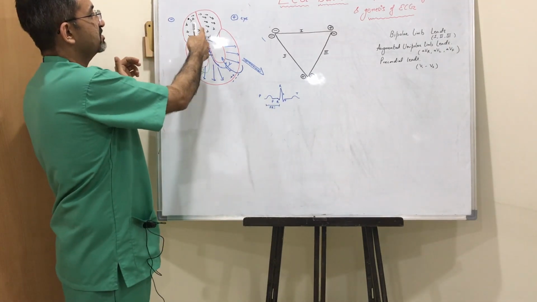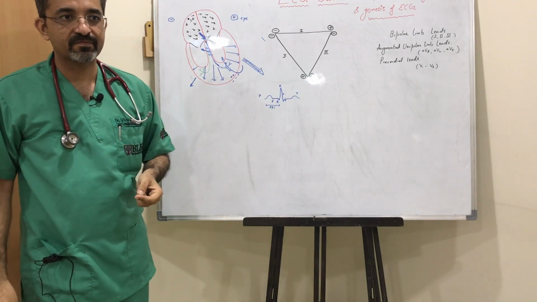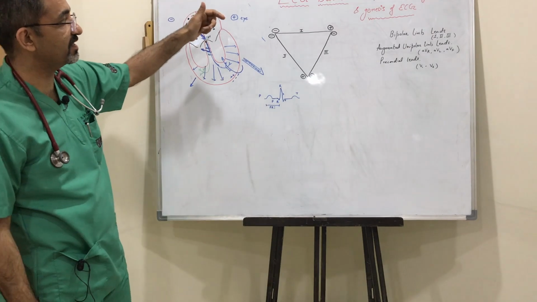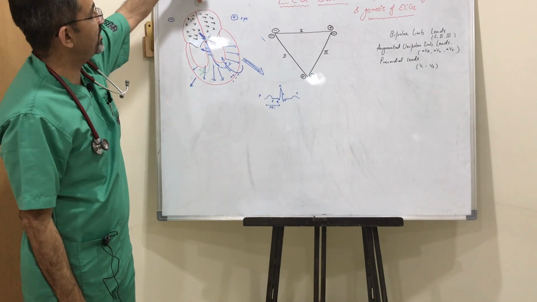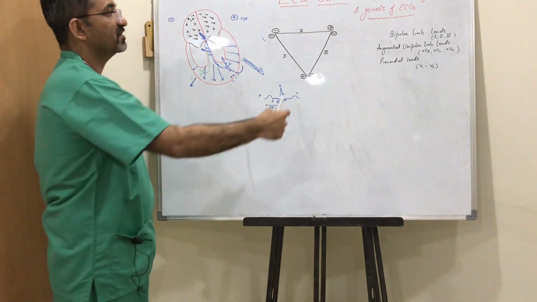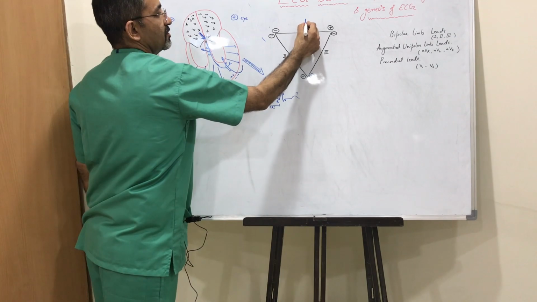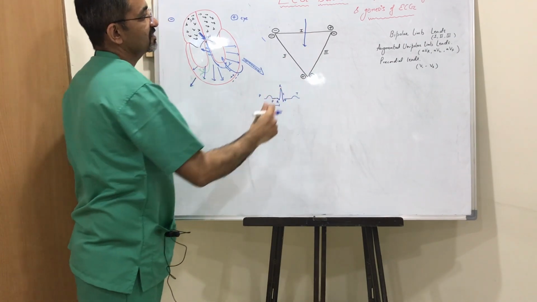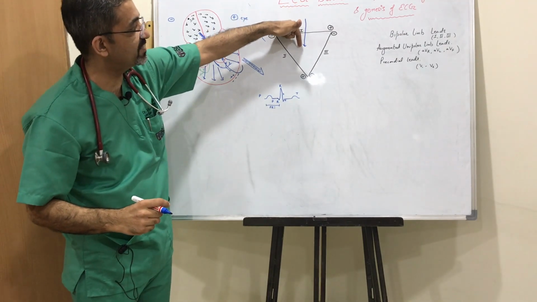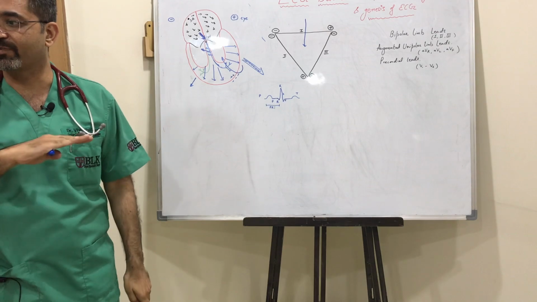Just imagine this vector is exactly perpendicular to lead 1. It can happen. It's a hypothetical situation where this vector is perpendicular to the axis. So what will happen? Anything which moves perpendicular like this: something going towards the axis will give a positive deflection, something moving away from the axis will give a negative deflection. Positive and negative will cancel, there will be no net movement.